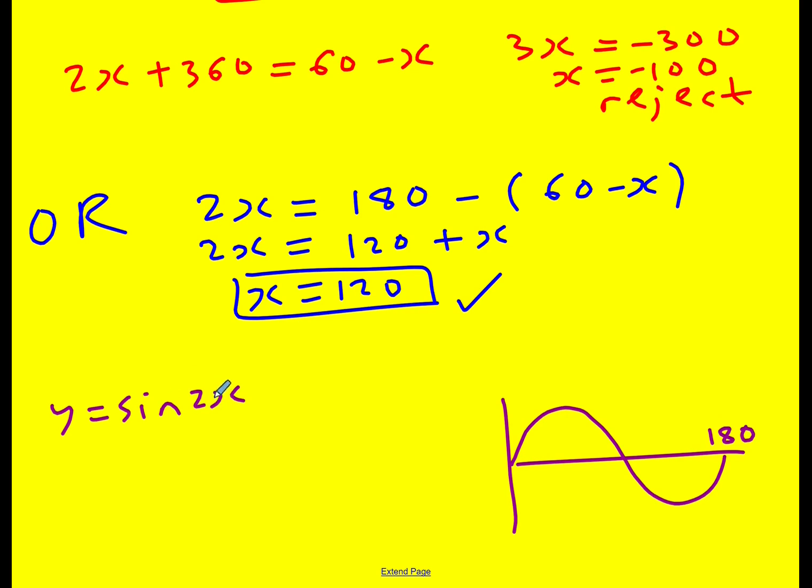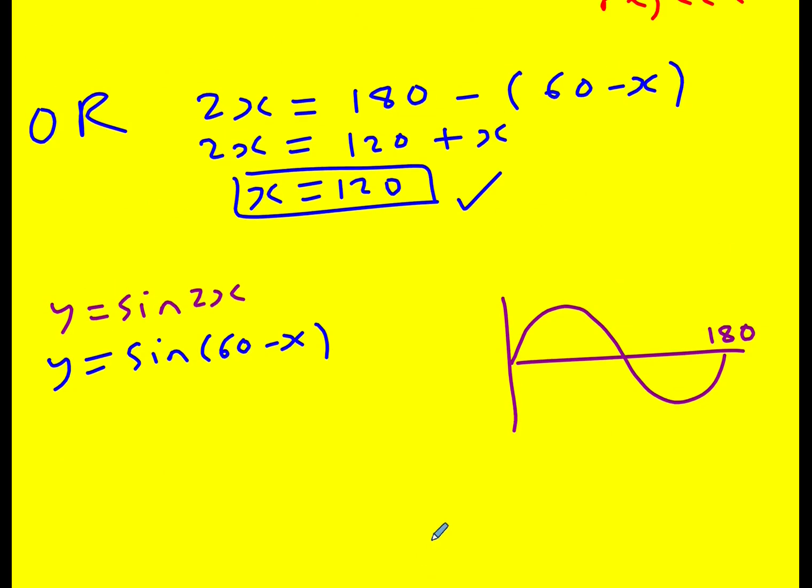This 2 will stretch sine x by a factor of a half in the x direction. And then in blue, a slightly trickier one, is going to be y equals sine 60 minus x. To sketch this one, I don't really like it when there's a negative in here, so I would personally use the property that sine of minus x is minus sine x. It's an odd function, and I can write it as x minus 60.